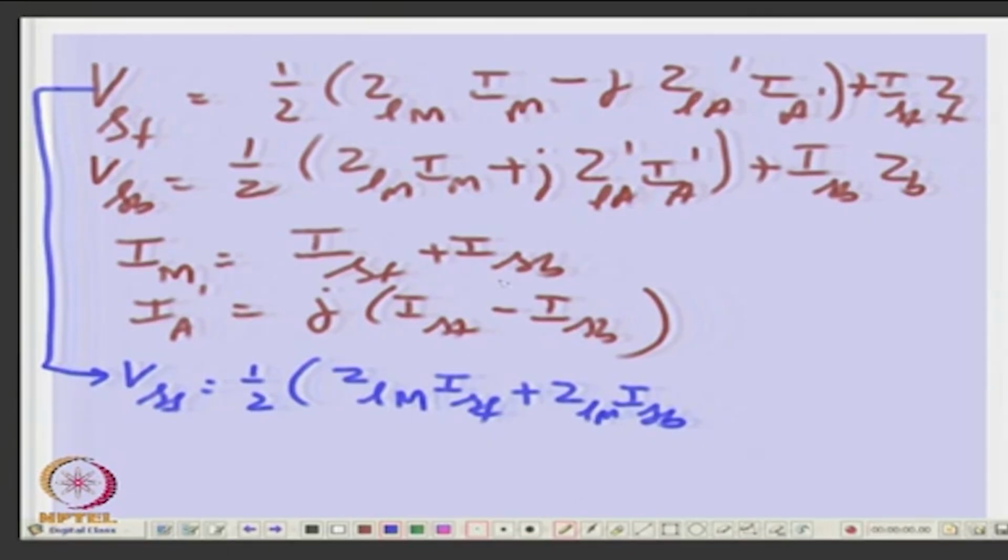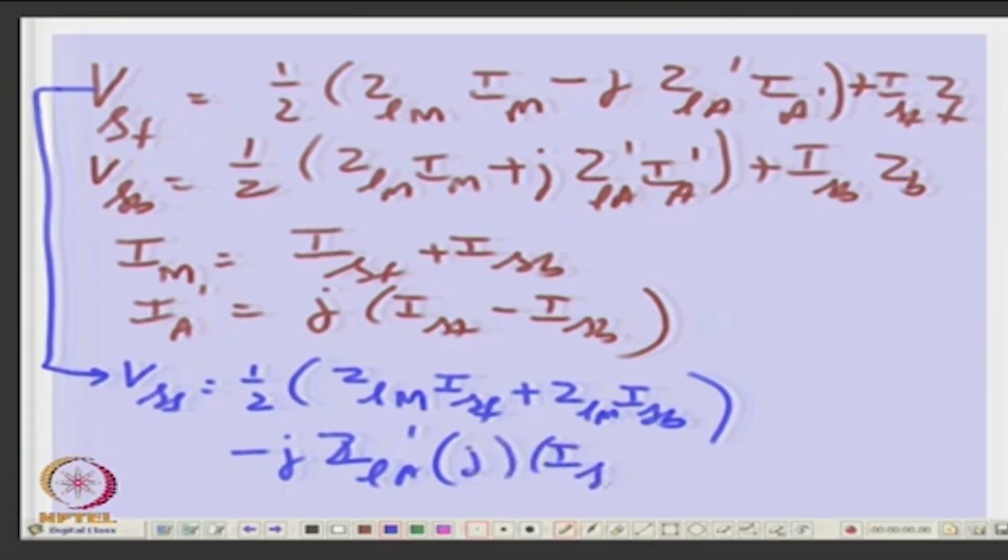Because we are trying to have the other one, minus j Z_la dash, I_a dash will be j into (I_sf minus I_sb), plus of course I_sf Z_f. Okay. I_a dash I am substituting, and for I_m it is this. So, we have to do a little jugglery.